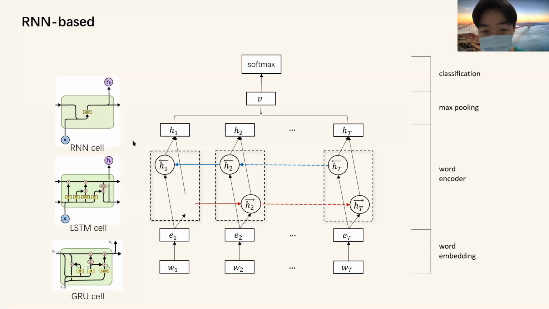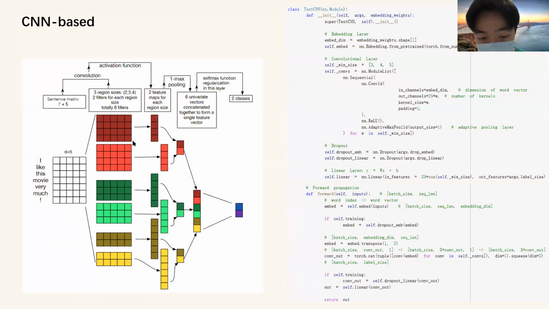Then I will introduce the CNN-based model. RNNs are trained to recognize patterns across time, while CNNs learn to recognize patterns across space. RNNs work well for NLP tasks such as part of speech tagging or question answering, where the comprehension of long-range semantics is required, while CNNs work well where detecting local and position-invariant patterns is important.